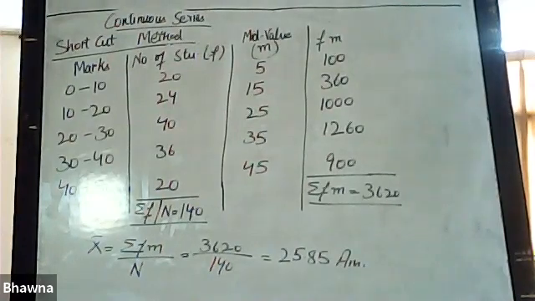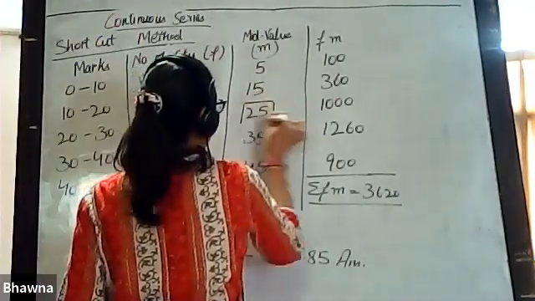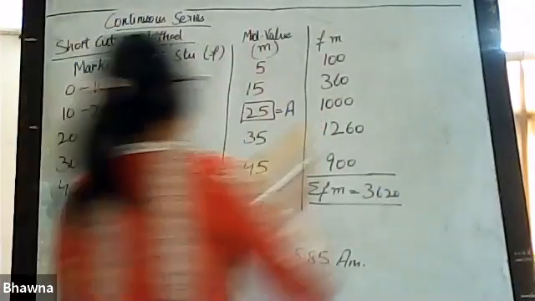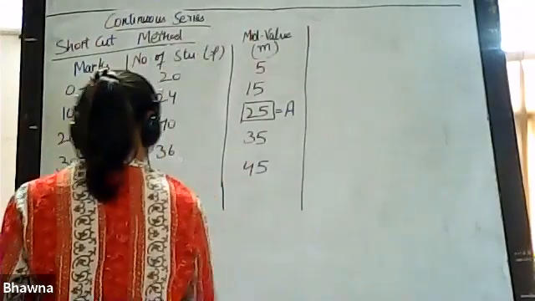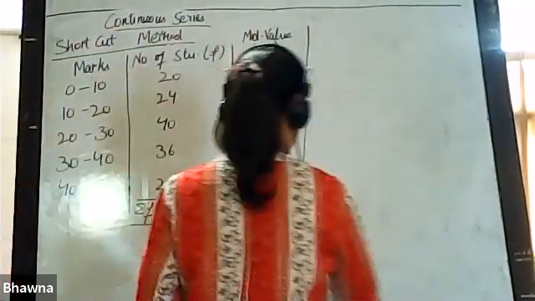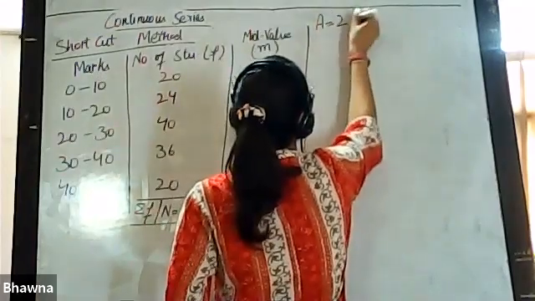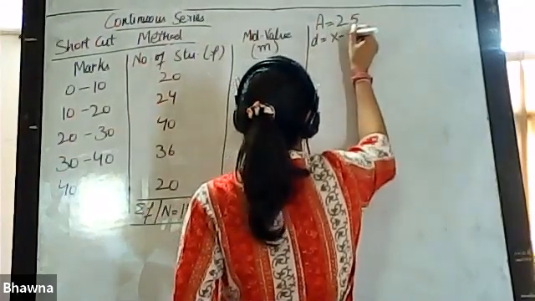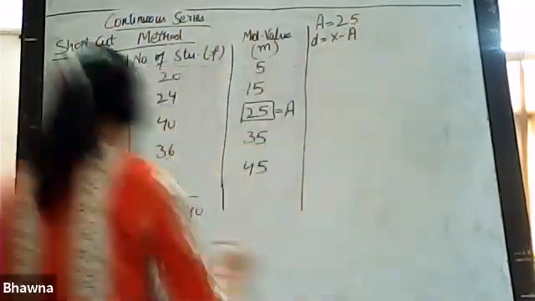Firstly, we have to assume the value. So now we are assuming from the mid value. A is equal to 25. We have to calculate d, x minus m, sorry, x minus a.